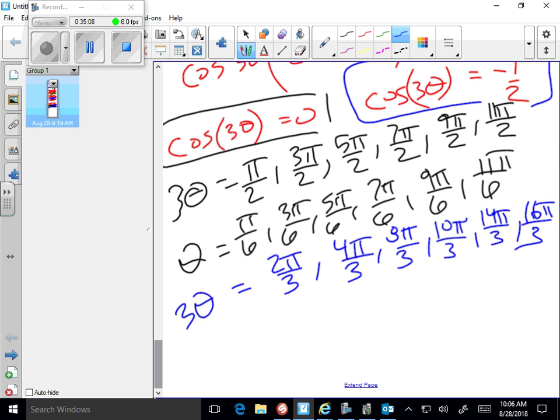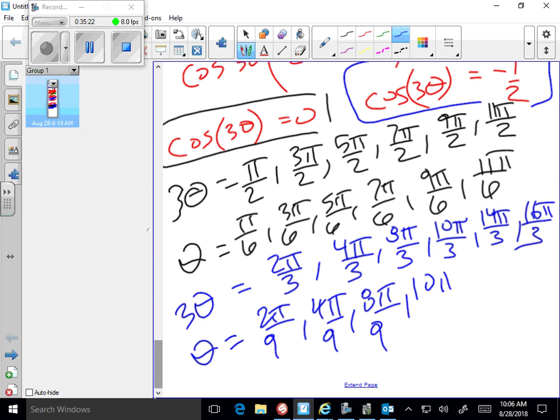But again, that's what 3 theta is equal to. I want theta, so I have to divide everywhere by 3. I get 2 pi over 9, 4 pi over 9, 8 pi over 9, 10 pi over 9, 14 pi over 9, and 16 pi over 9.